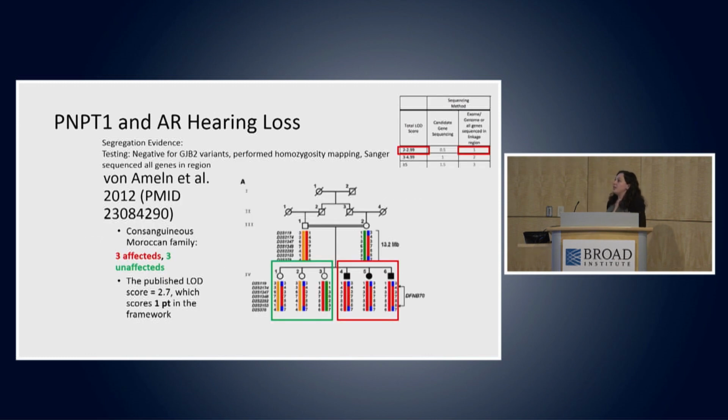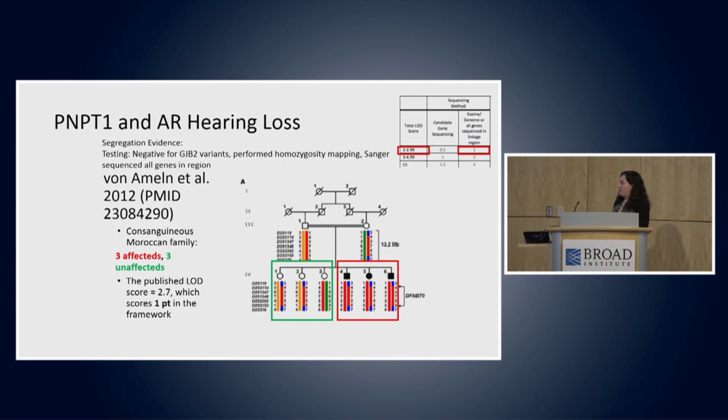And so this is the pedigree here, and this is the segregation evidence. As I mentioned, they were negative for GJB2 variants. They had a region of homozygosity because it was a consanguineous family, and they Sanger sequenced all genes in this region. So I labeled here the 3 affecteds, or those in the dark colored squares that I have boxed in red, and then the 3 unaffecteds are here.